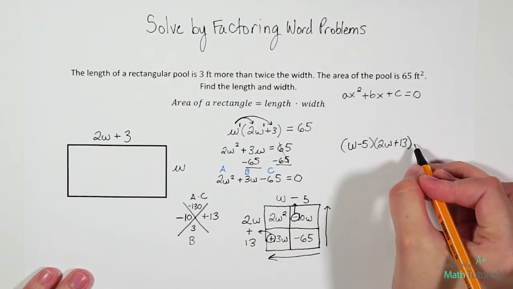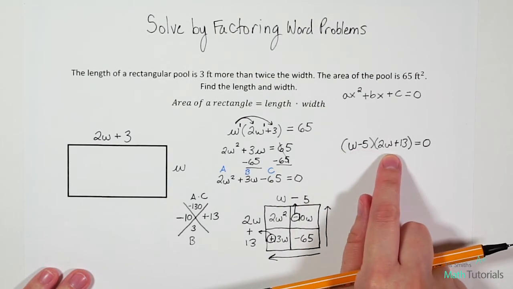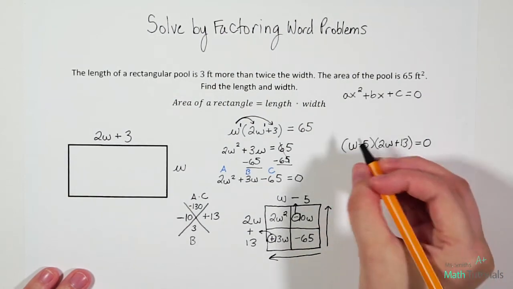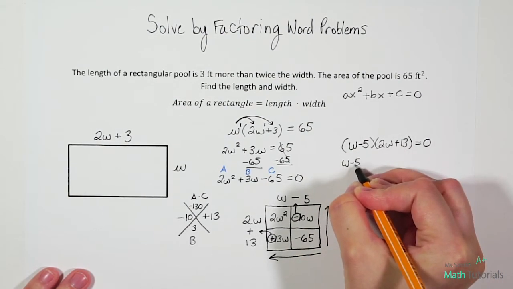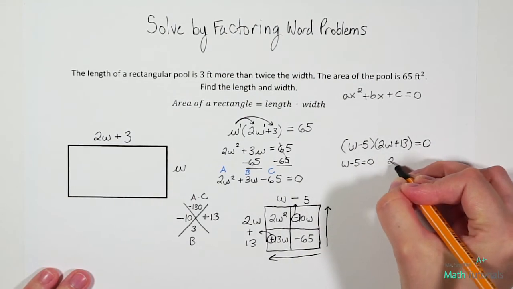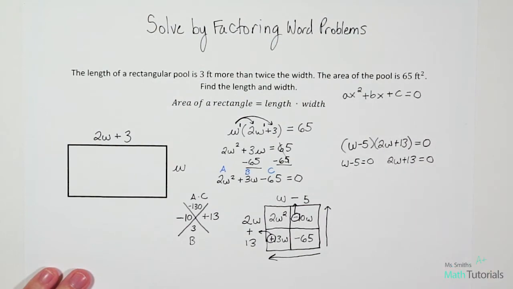Multiplied together equal 0. So now that we have our two parenthesis sets, we can split them up and set them both equal to 0. So our first one will be w minus 5 equals 0. And our second one will be 2w plus 13 equals 0.